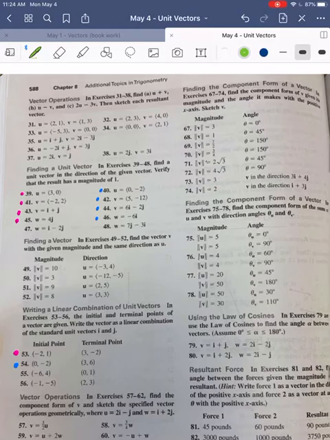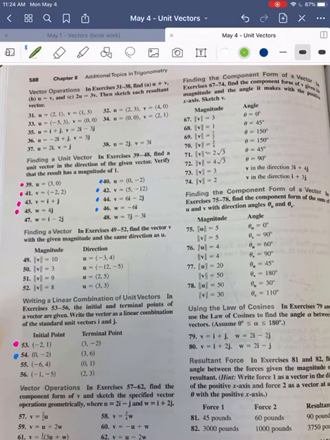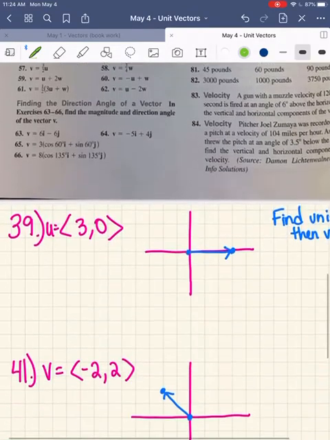We want to find a unit vector that's basically the same direction as what we are given, and then it says verify that the result has a magnitude of 1. Now, this is the part that you're not going to be able to show me through Google Form, but that you might want to do to just make sure that you're on the right track. Our directions change down at the bottom when we get to 53 and 54, but we'll just start with 39 through 45.